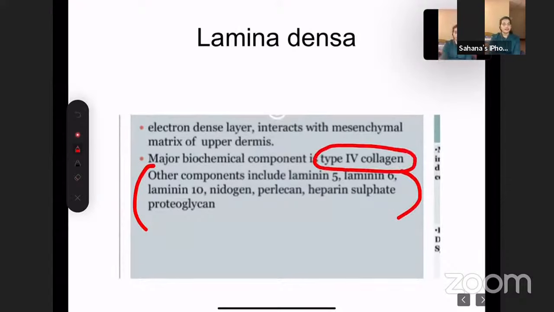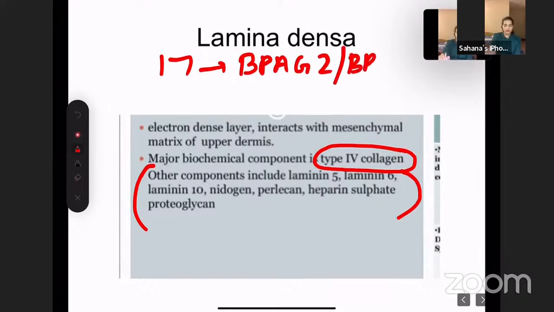Again, a lot of collagens. There was collagen 17, which was nothing but BPAG2 or BP180, and collagen 4. BPAG 180 was in the hemidesmosome, so collagen 4 is in Lamina Densa.